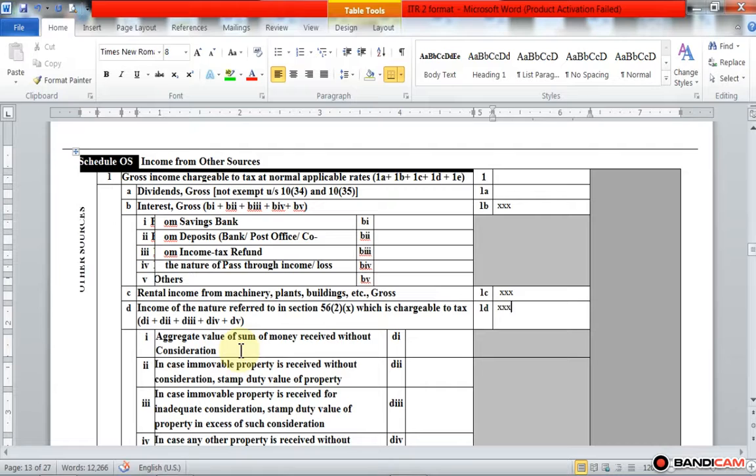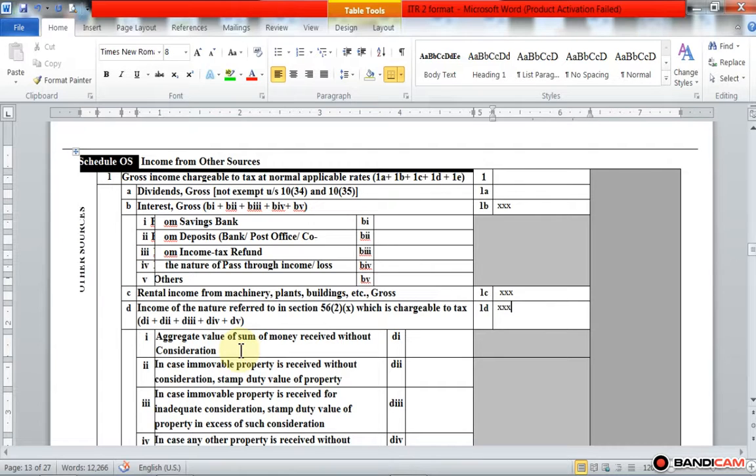It means without consideration the SEC receives immovable property. Then we take into consideration the value as per the government, or value as per the stamp duty. So remember one thing: if the assessee receives immovable property without any consideration, we take into consideration the government value of that immovable property.